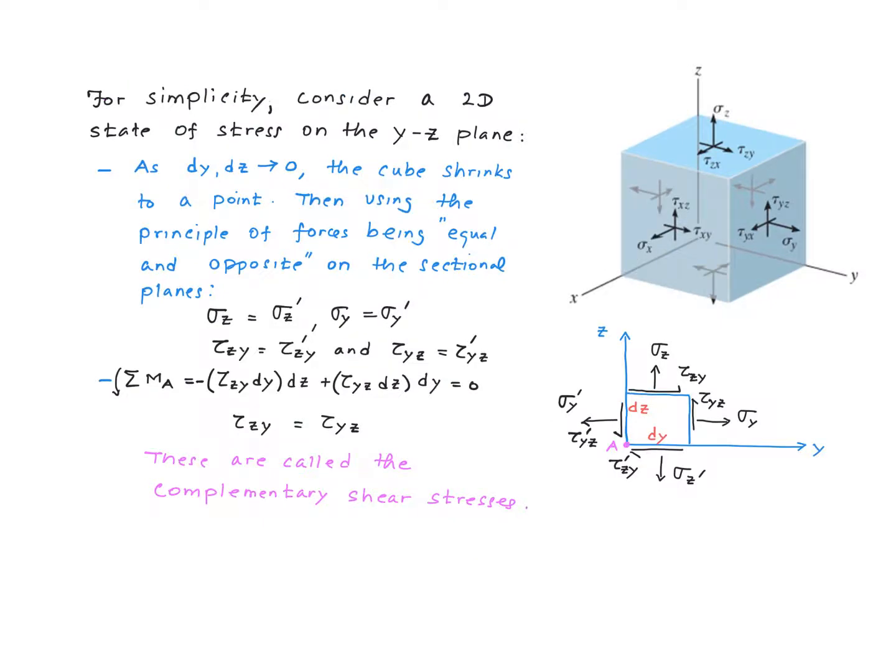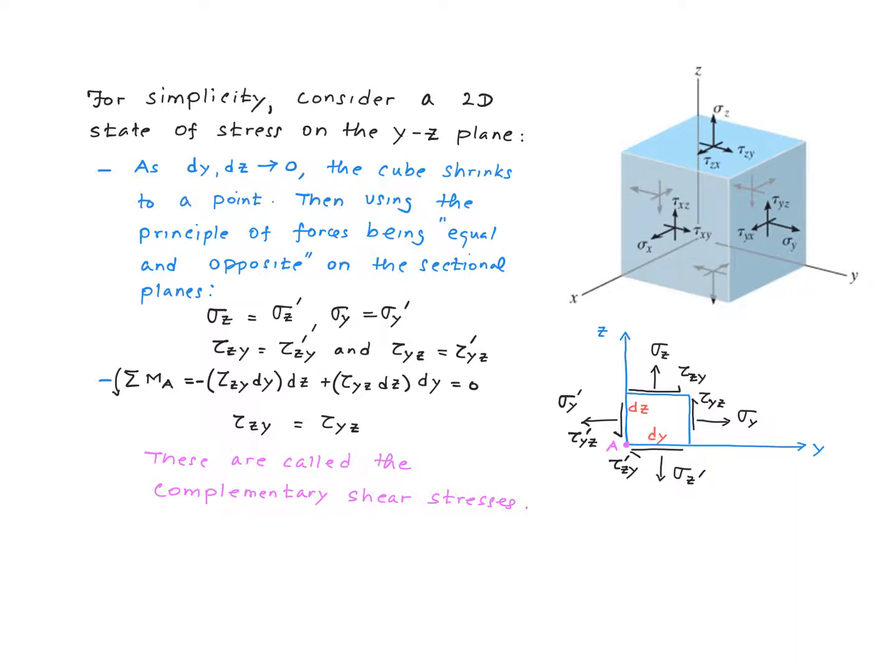Just to keep things simple here, we'll consider a two-dimensional state of stress like shown in this picture. In particular, I'm considering the YZ plane here. There are 4 different faces to this two-dimensional differential element, and each of the faces has a normal stress and a shear stress.